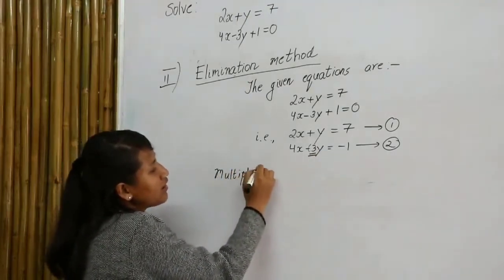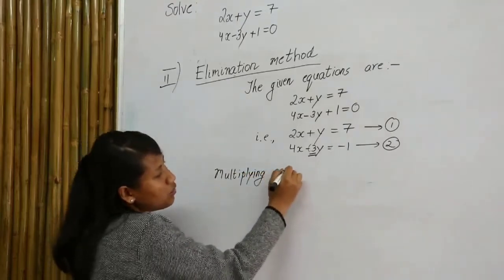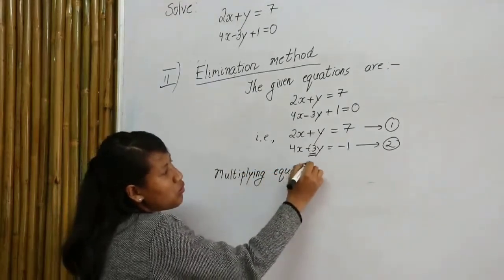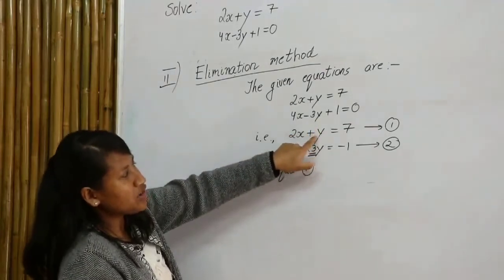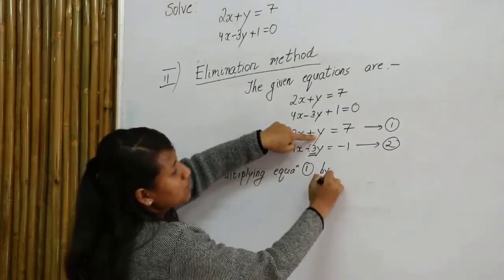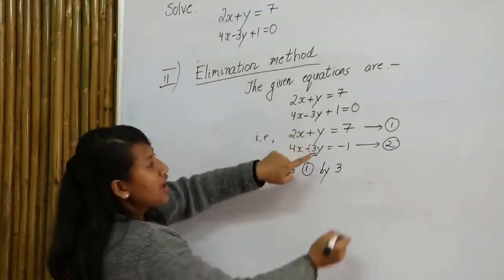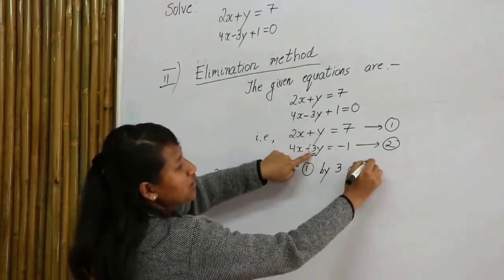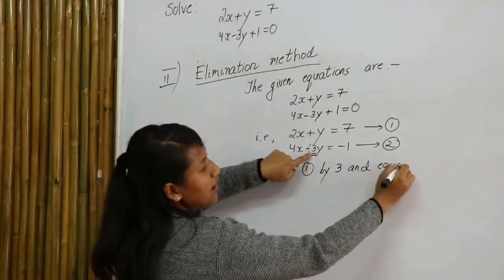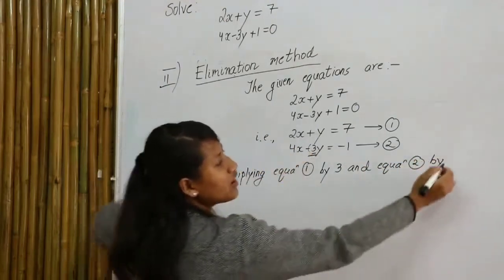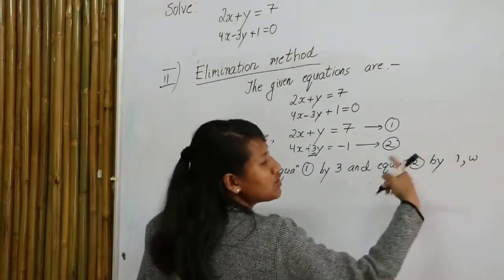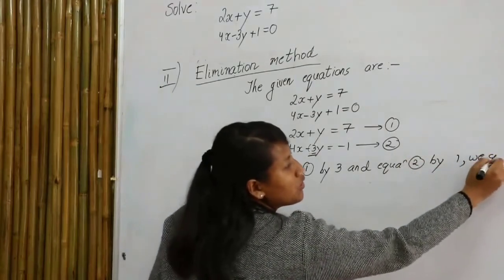Multiplying equation 1, we have to make it 3, so multiply by 3. And here, multiplying equation 2 by 1, because 3 into 1 will be 3.